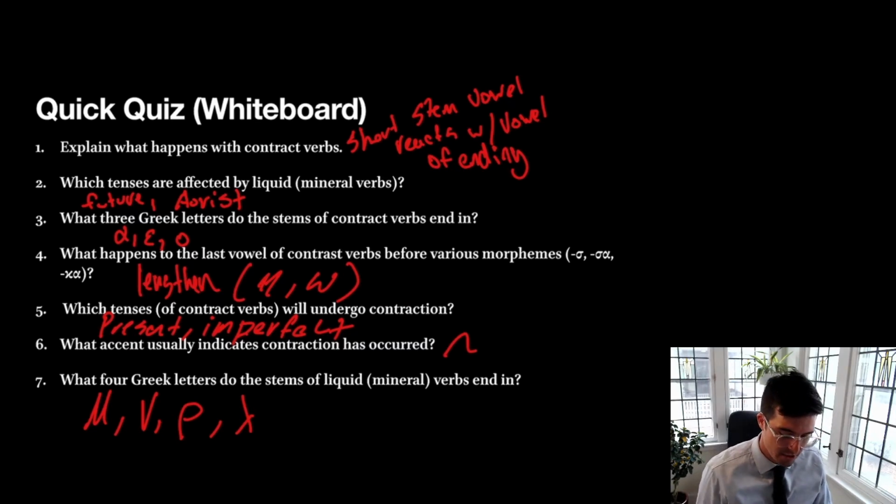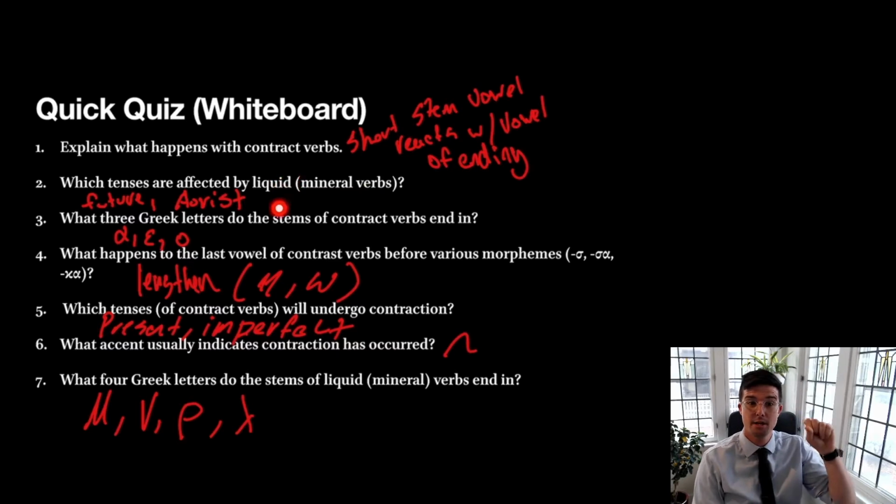What happens with contract verbs? The short stem vowel, the alpha, the epsilon, or the omicron, reacts with the vowel of the ending in some way, usually indicated by a circumflex accent. The tenses that are affected by liquid verbs are going to be the future or the aorist.